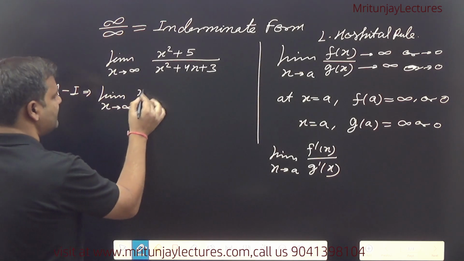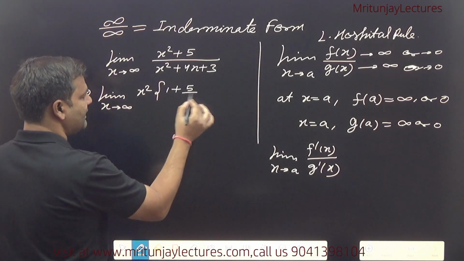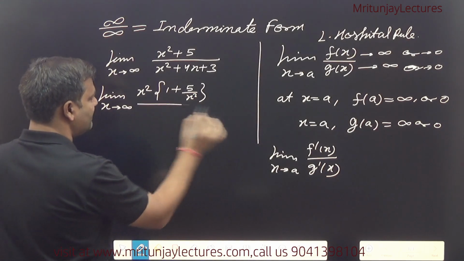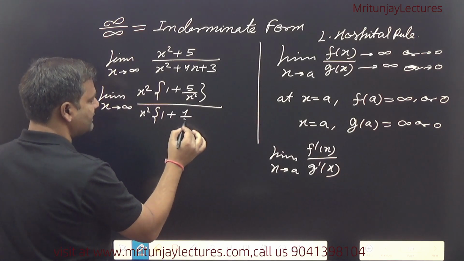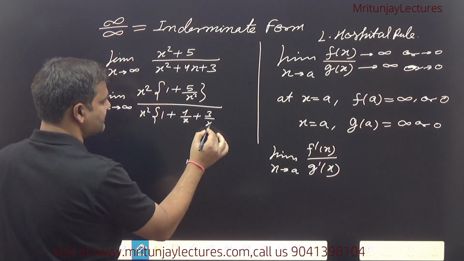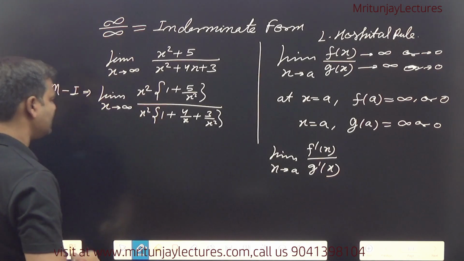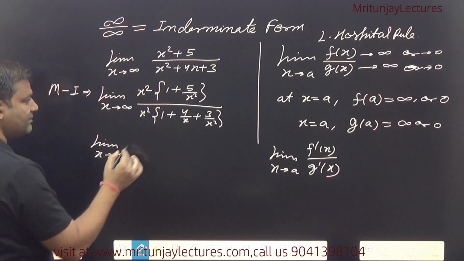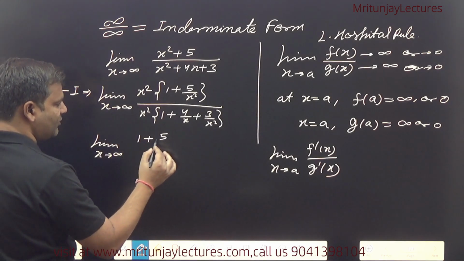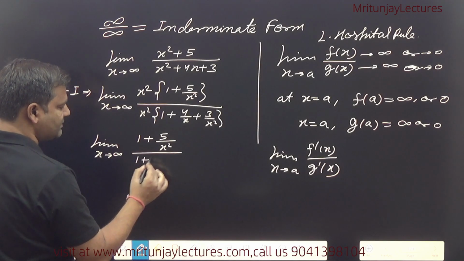First of all, take x square common, then 1 plus 5 by x square, divided by, taking x square common, 1 plus 4 upon x plus 3 upon x square. I hope it is clear. So x square cancels.